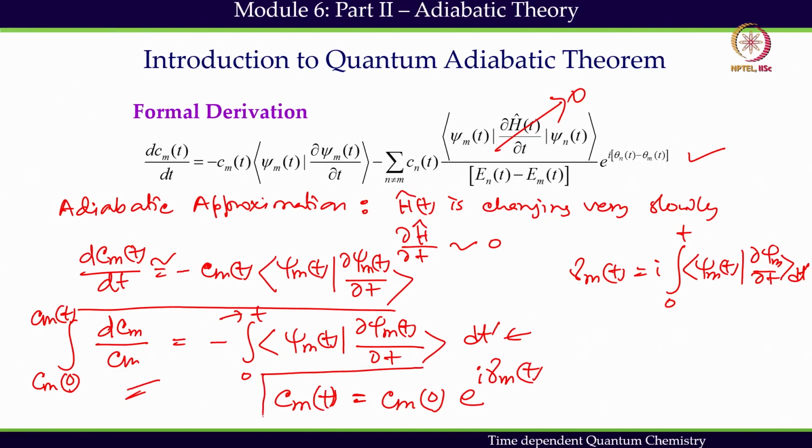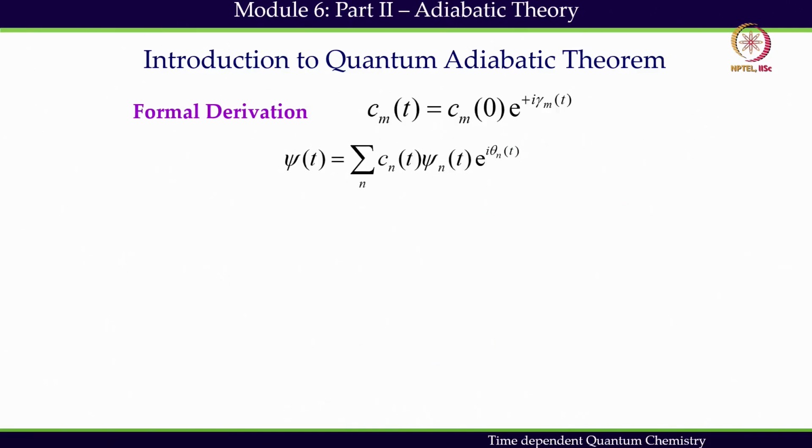So what we are getting is that the expansion coefficient for each state is given by this expression. It will depend on the initial population at that state, and it will depend on another phase factor which is going to be introduced due to this adiabatic change. So we can now write everything all together. This was the wave function of the non-stationary state.